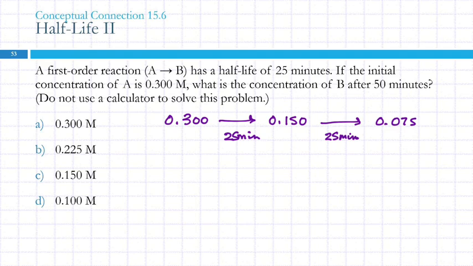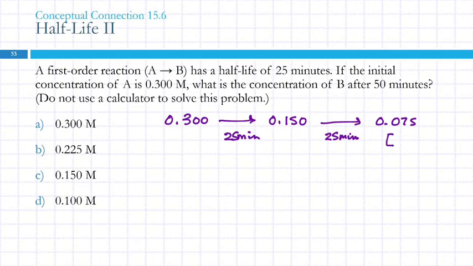Did I do that right? Yeah. I know. I'm doing that, and I'm like, wait a minute, that's not one of the choices. So then we need to think a little bit here.